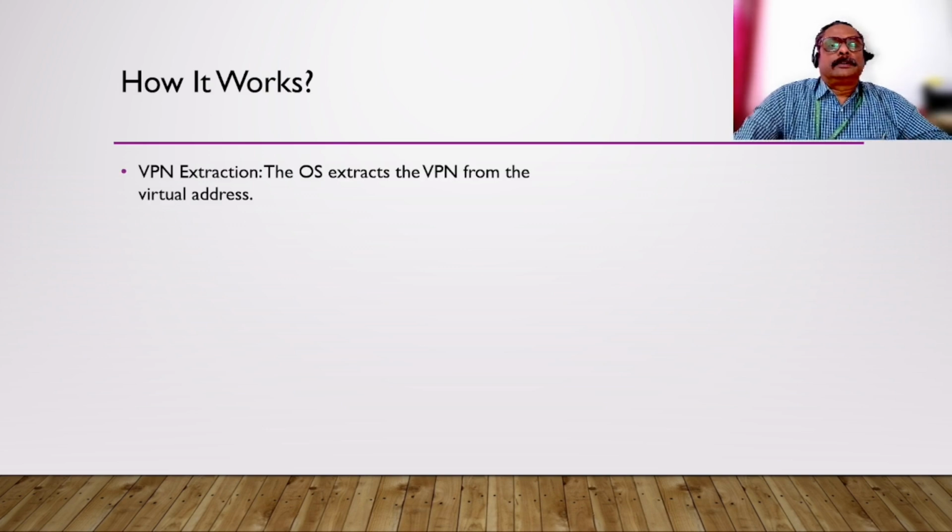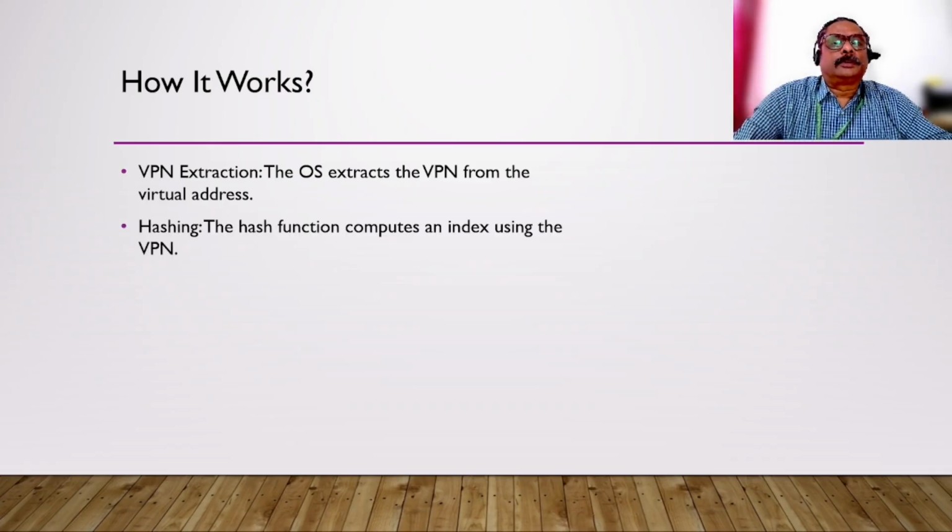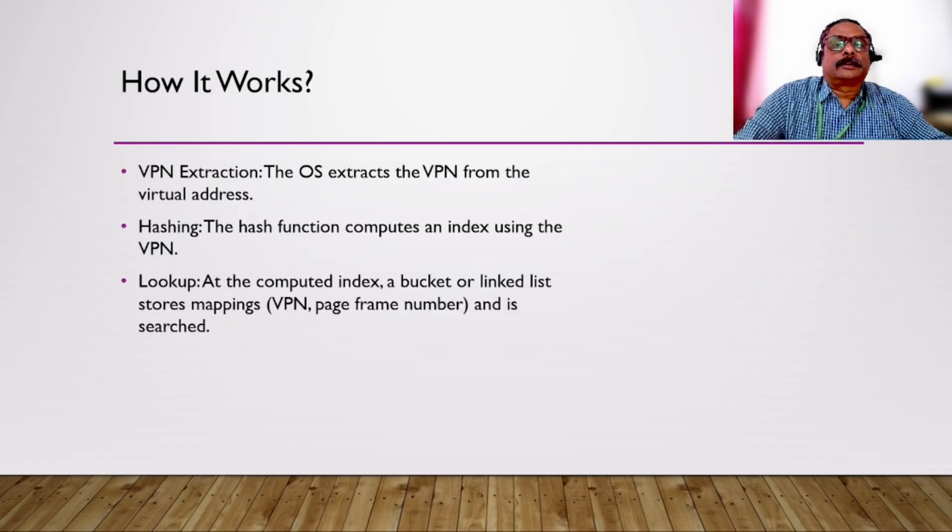How does it work? The first thing is VPN extraction, where the operating system extracts the virtual page number from the virtual address and then applies the hashing function to compute the index using the VPN. VPN mod n is the hashing function, and through that the index is calculated.